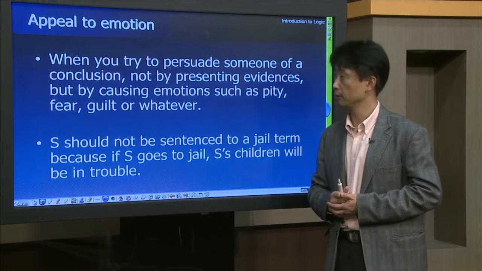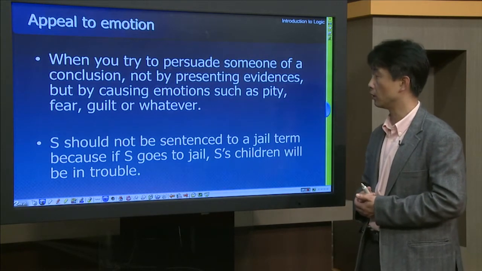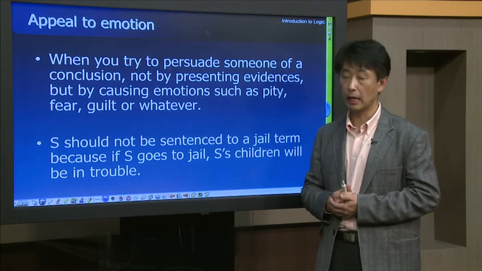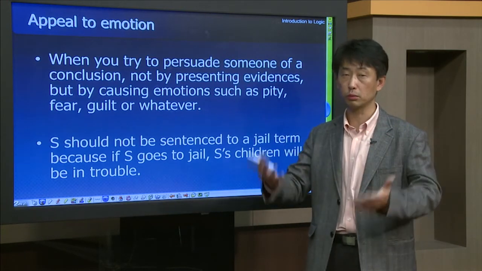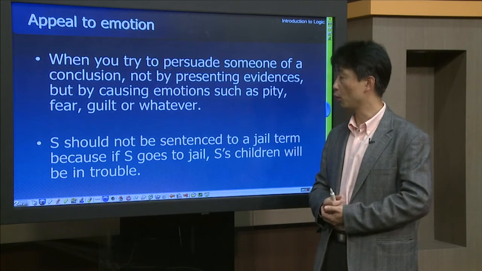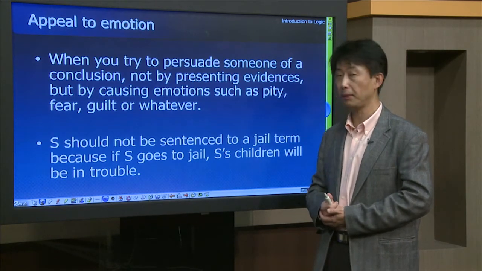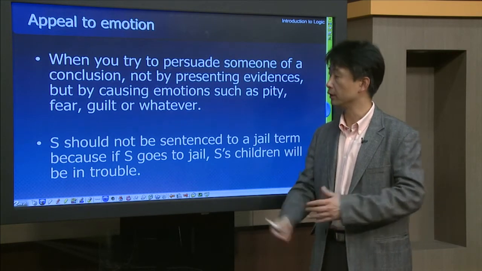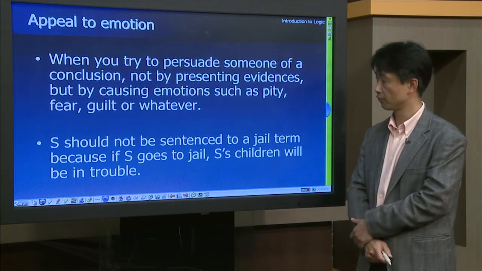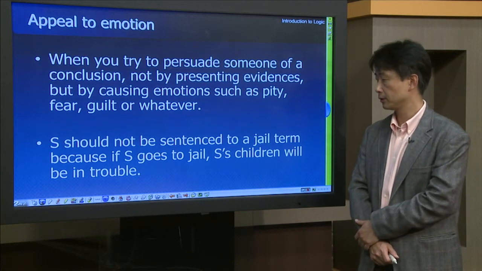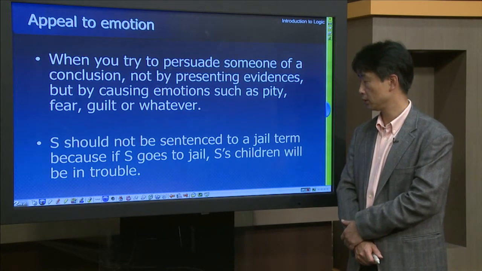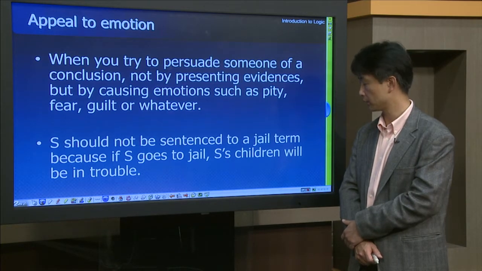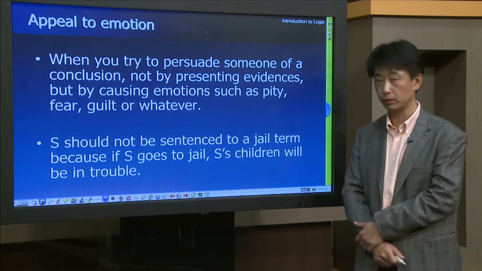Appeal to emotion. This is when you try to persuade someone of a conclusion, not by presenting evidences that show that the conclusion is true, but by causing emotions such as pity, fear, guilt, or any other emotions. For example, S should not be sentenced to a jail term because if S goes to jail, S's children will be in trouble.